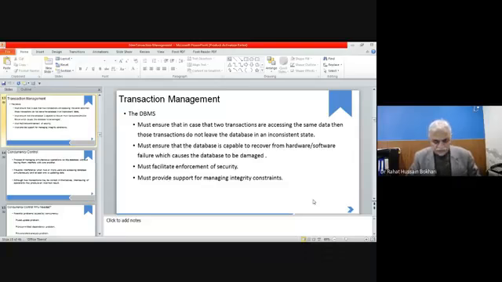So these transactions need to be managed, because if we do not control them, we may face some problems. For example, more than one user is working on the same database, and one person is adding values to a column.